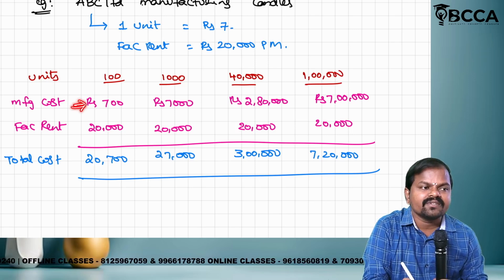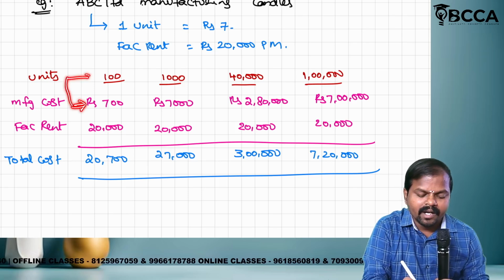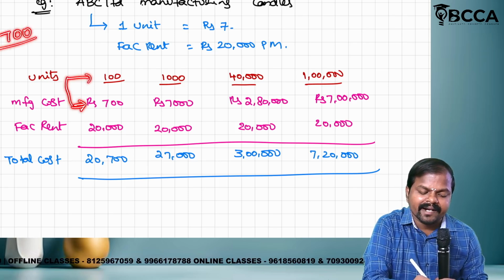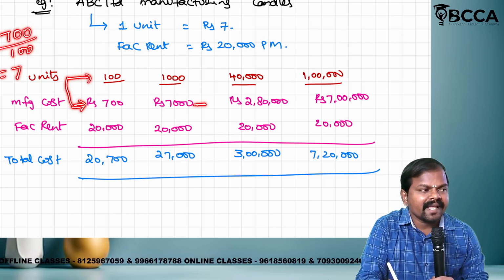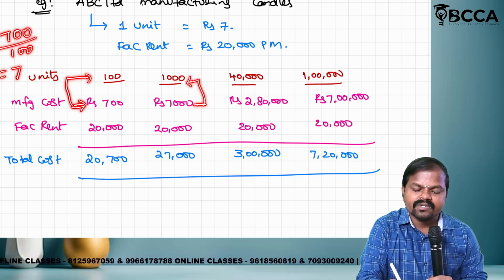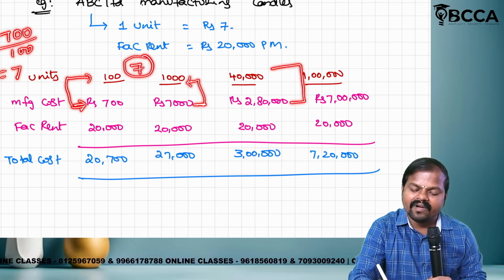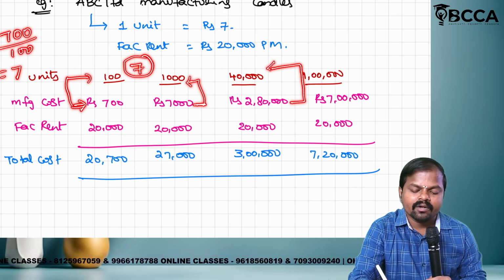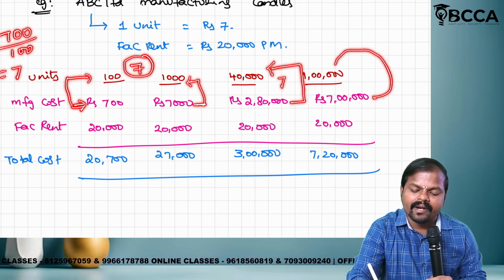700 rupees they incurred for how many units? 100 units. Take the calculator. 700 rupees divided by 100. How much? 7. 7,000 divided by 1,000 units. How much? 7 rupees. 2,80,000 rupees incurred for 40,000 units. How much? 7 rupees. 7 lakh incurred for 1 lakh units.